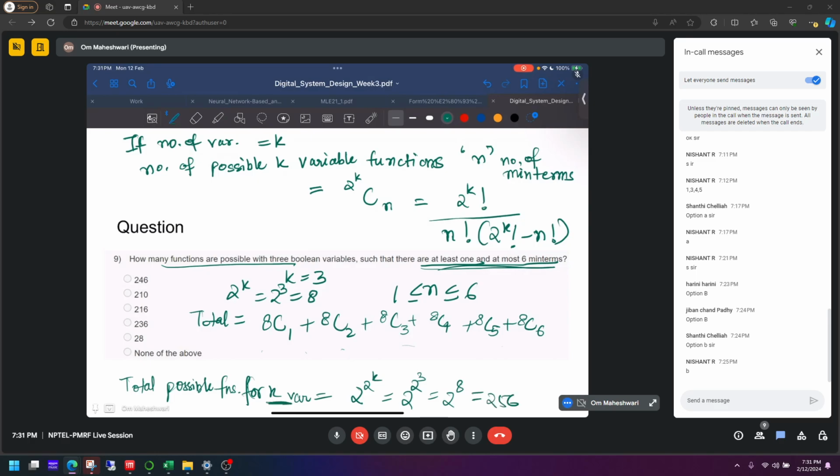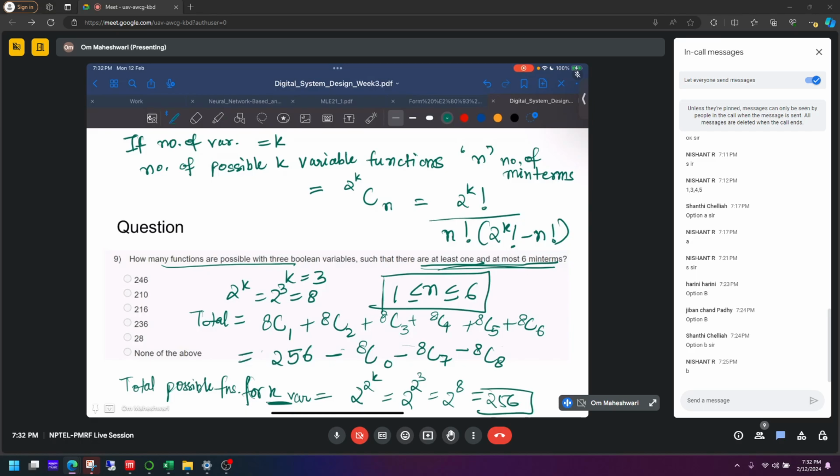So with k variables you can form 256 functions. So you can also write this as 256 minus 8C0 minus 8C7 minus 8C8.